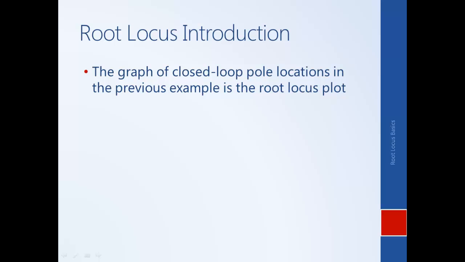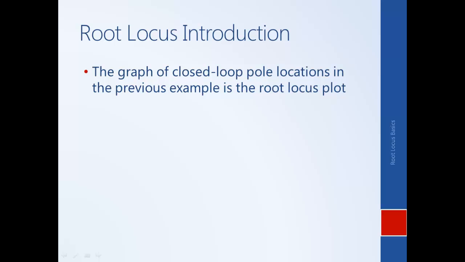Go in steps of k, calculate new pole locations, plot them, find a new value of k, calculate the pole locations, plot them, and so on. And if we were to ask a computer program like MATLAB to plot the root locus for us, that's what it would do. It would just do a brute force numerical plotting of points.